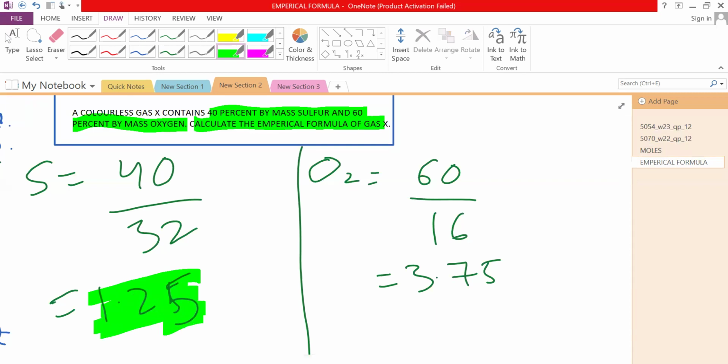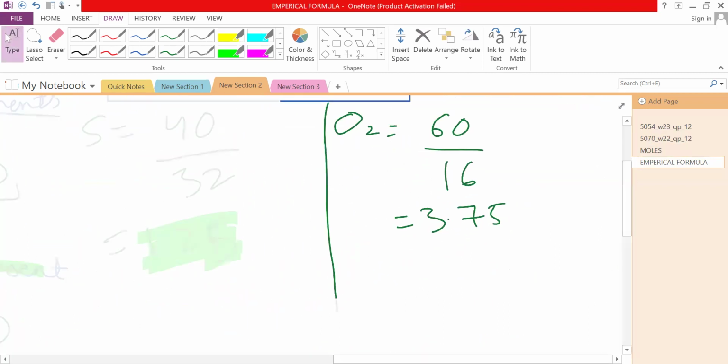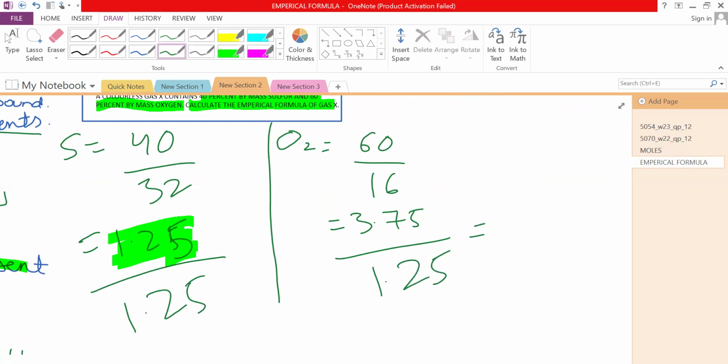What you have to do is divide both by that value. Divide 1.25 by itself for sulfur, and do the same for oxygen. The answer for sulfur would be 1, and 3.75 divided by 1.25, the answer would be 3. So the empirical formula for the gas X would be SO3.